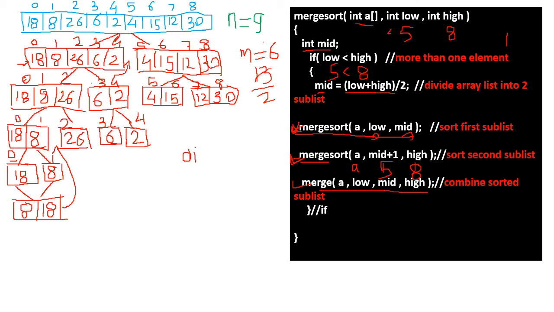It just divides the entire array list till we get a single element in each sublist. Is this clear? Then we will see the merge function, how all these elements are merged into a sorted array list, or into a single list, but that list is what?